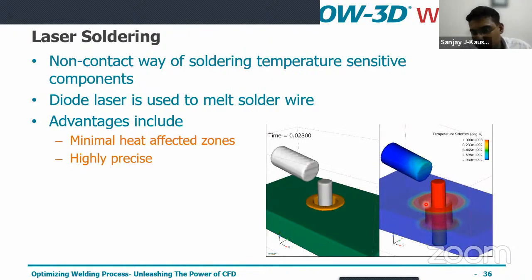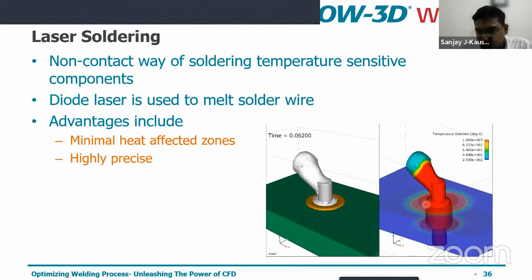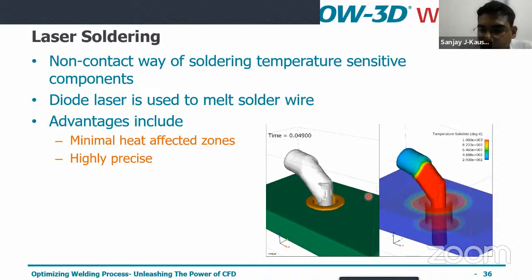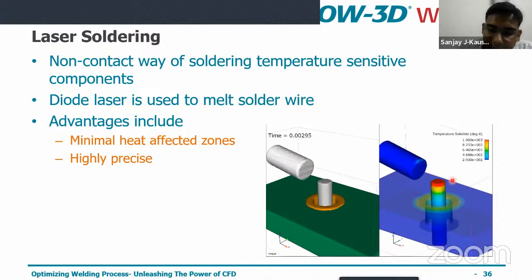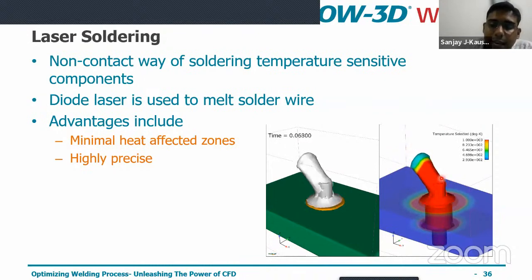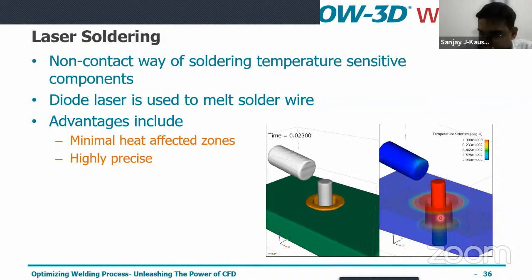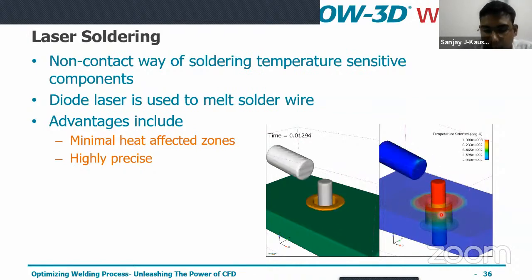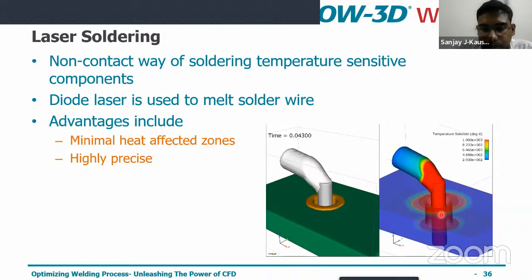Minimal heat affected zones are also very much needed in electronic manufacturing. Here in this simulation, you can see a laser hitting, and as the filler wire moves towards the laser, it melts and joins the particular gap over here.